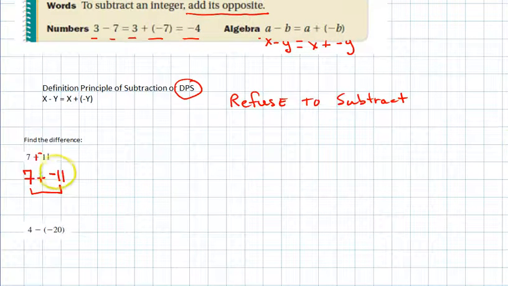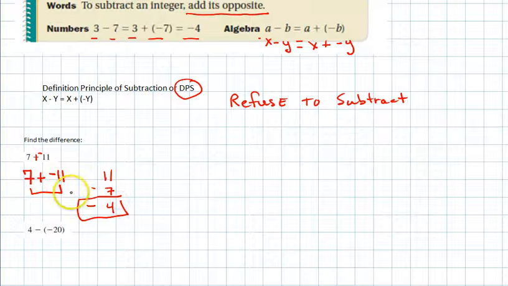We're going to take the absolute value of the 2 numbers, because 11 is larger and it's negative, my answer is going to be negative. I'm going to subtract them because they're 2 different signs. 11 minus 7 is 4, and so my answer is -4. So I added the opposite.